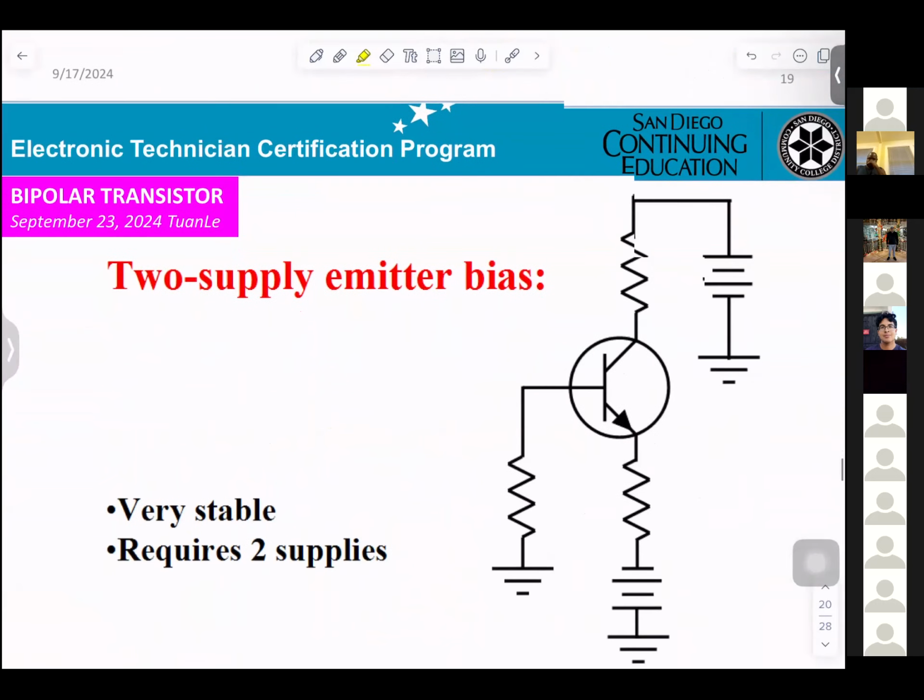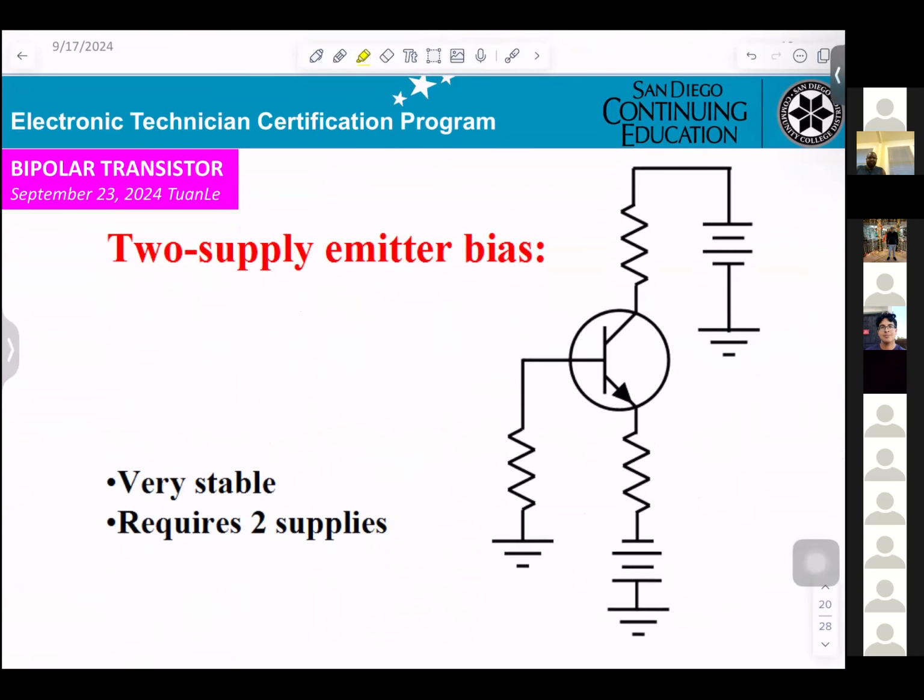Two power supply. You get one power supply here, positive, and another power supply, negative. That means you need two power supplies to make the transistor work. The answer will be very stable. However, you need two power supplies, and that's what they don't want.